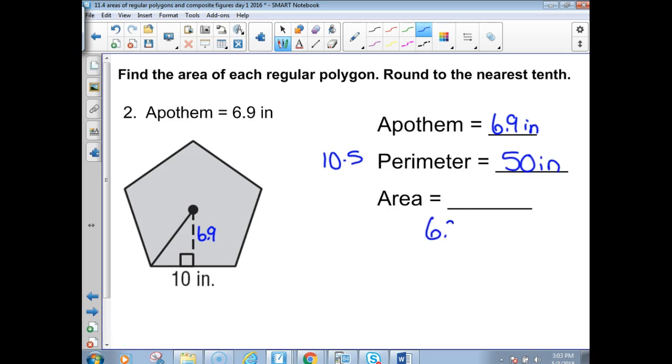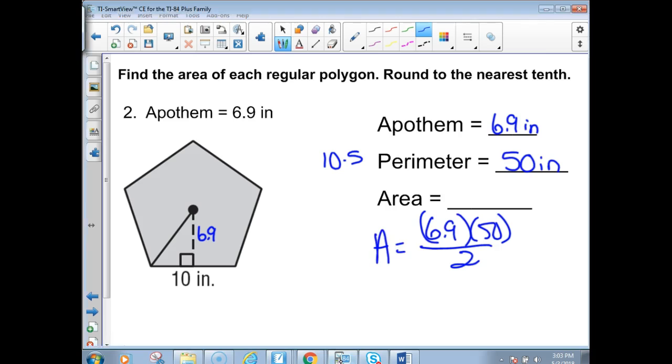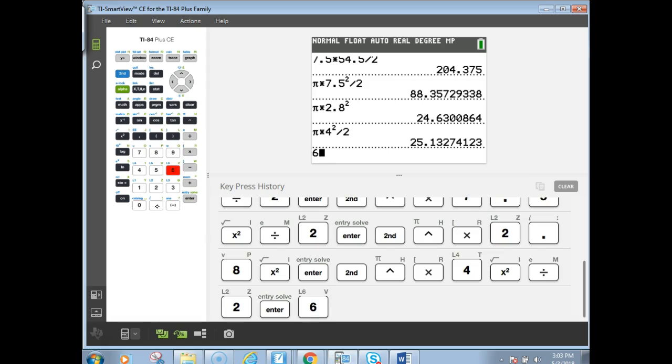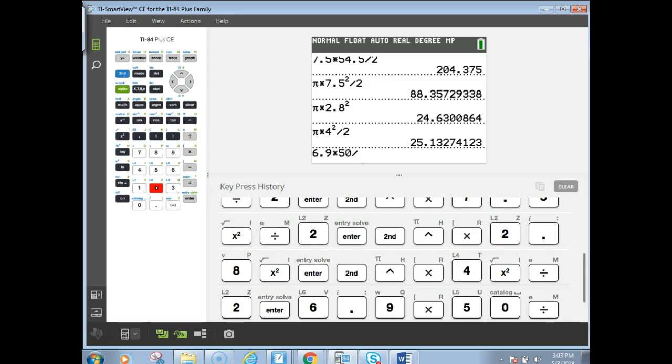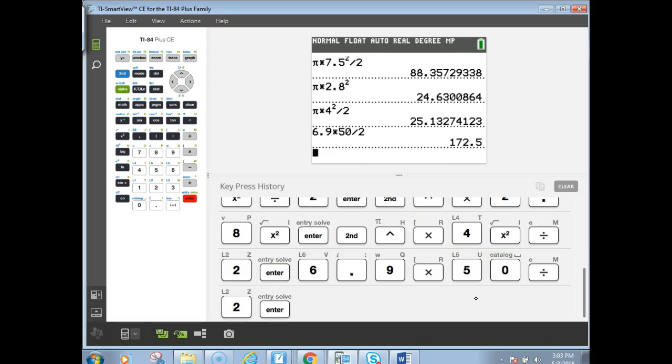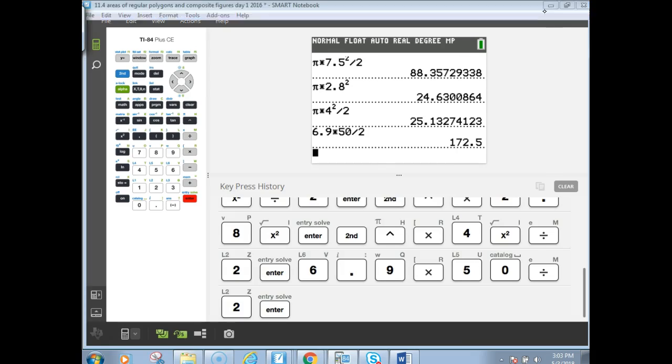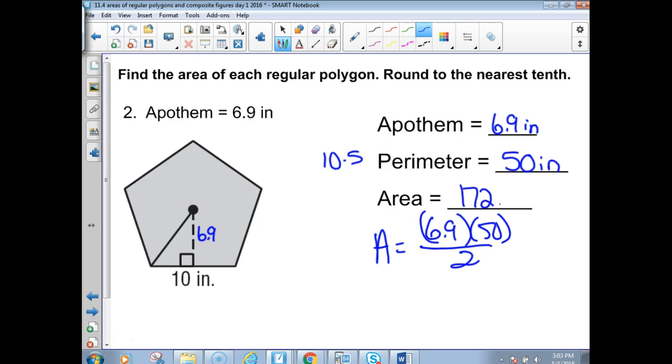The area is 6.9 times 50 divided by 2. Okay, so we just use our calculator. I know somebody might have seen a shortcut to something you could have typed. 6.9 times 25. You should be just getting 172.5 square inches.